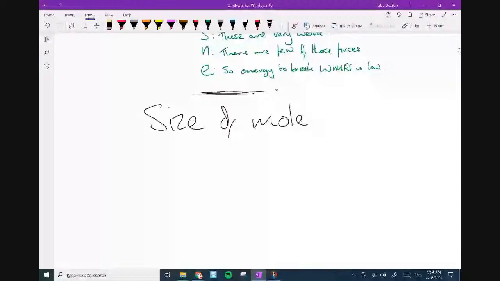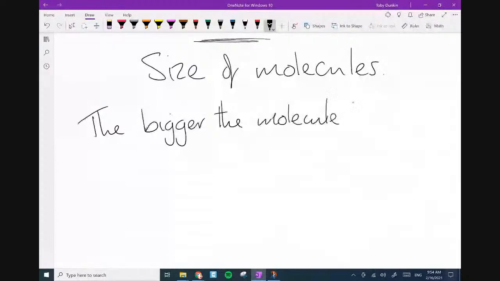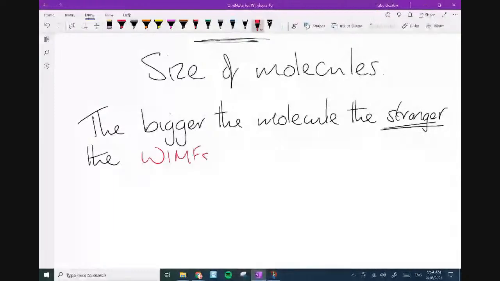And that is that the bigger the molecule, the stronger the WIMFs. The stronger the WIMFs. So what does this mean?